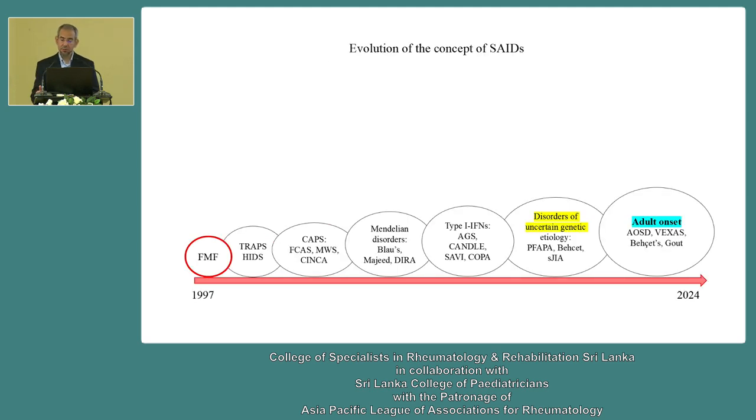Since the discovery that FMF is caused by mutation in the pyrin-encoding gene, several new monogenic systemic autoinflammatory diseases have been identified.